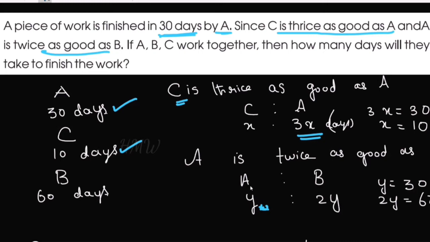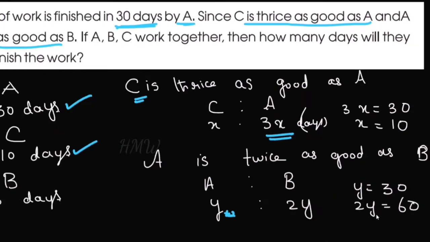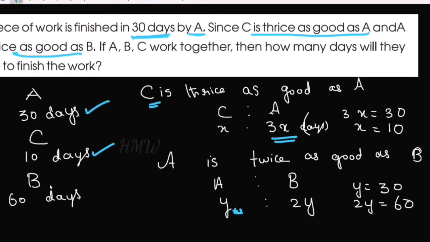So A is twice as efficient. But again Y is given, the number of days taken by A is given. So Y is 30, so 2Y is 60. The number of days taken by B is 60 days. Now if they work together, how many days will they take to finish the work?